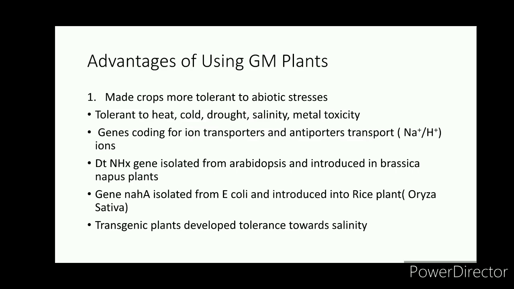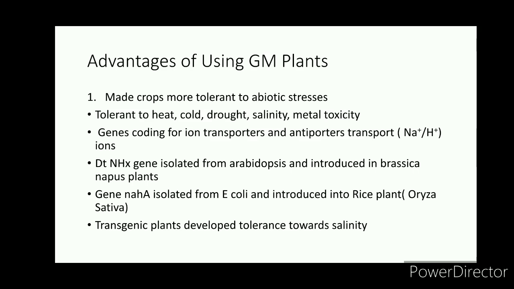Now, extracting or isolating these genes, in the previous chapter, that is in the biotechnology principles and processes, you have studied the isolation of genetic material. So, the source organism or the plant which contains these tolerant genes, that is transporters and antiporters, those genes are isolated from those plants.